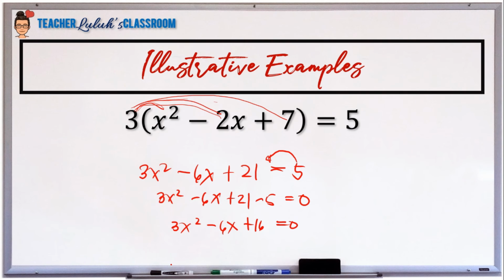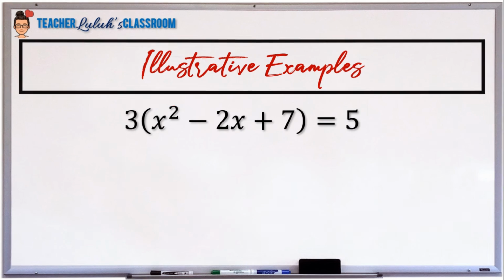So, our standard form is 3x squared minus 6x plus 16 equals 0. Let's identify A, yung kasama ni x squared. So, that's 3. B, kasama ni x, which is negative 6. Tapos si C, yung constant natin, which is 16. Alright?